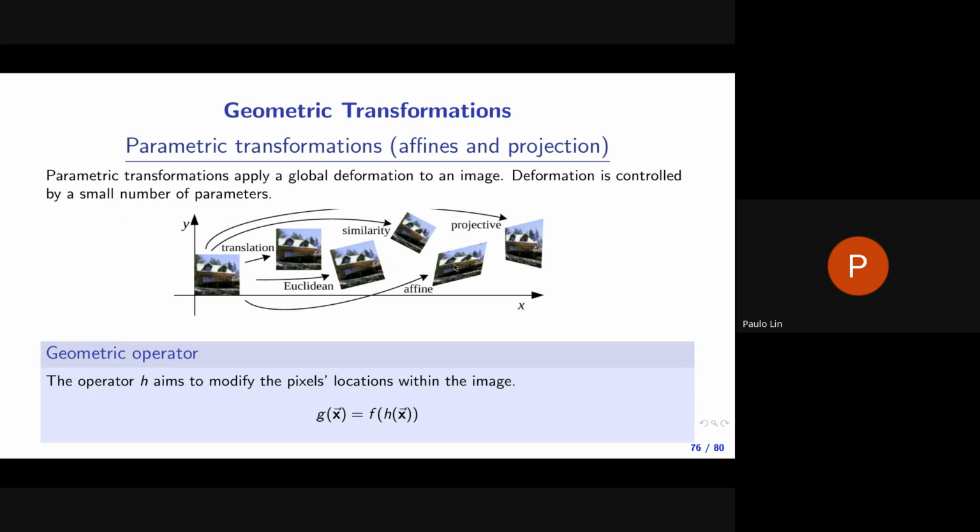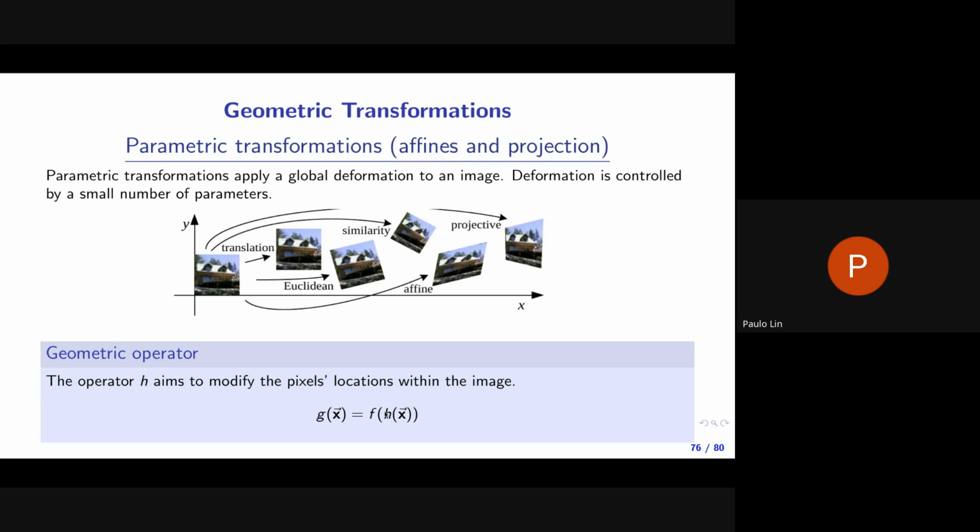So in parametric transformations, it's a geometric transformation that applies a global deformation to the whole image. Or in other words, the deformation is controlled by a small number of parameters. Just to remind you that this is the definition of a geometric operation, where the operator is h, and it is modifying the domain of the image.